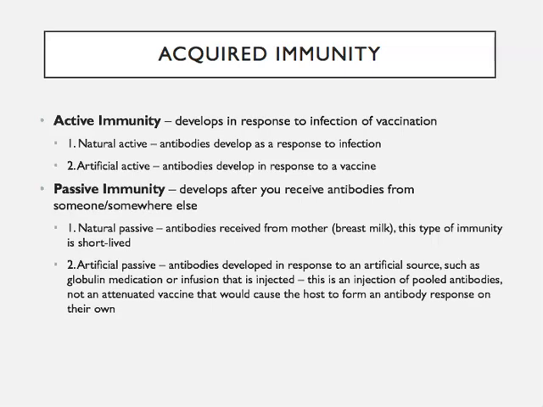They pooled them into a product that could be infused to a patient suffering from a COVID infection, and it only worked if it was infused early in the stages of the infection. Usually this is for patients who are immune suppressed and not able to form adequate antibody responses on their own.